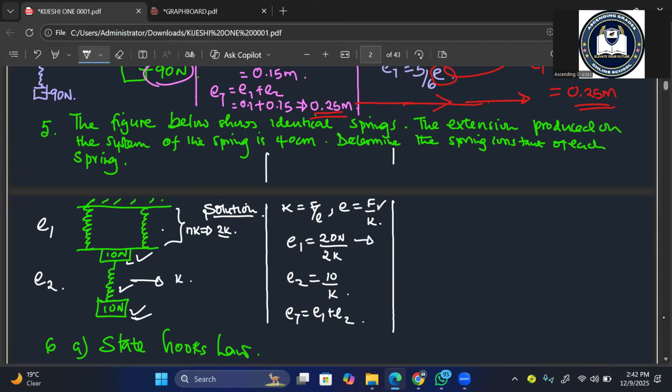So this is 1 and this is 2. So 1 plus 2, we are supposed to get 40 centimeters.